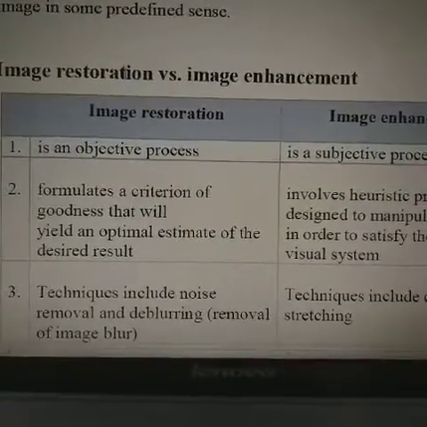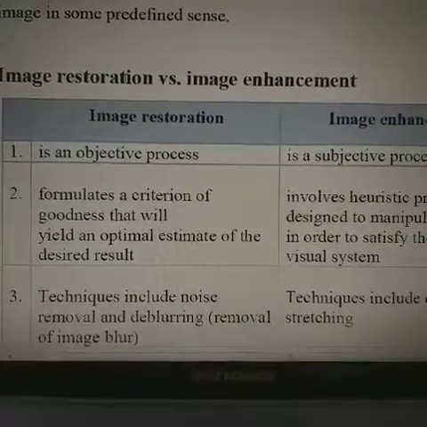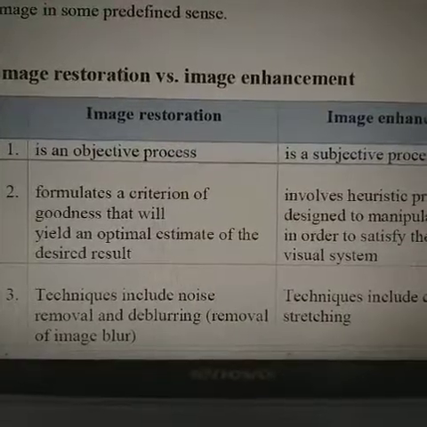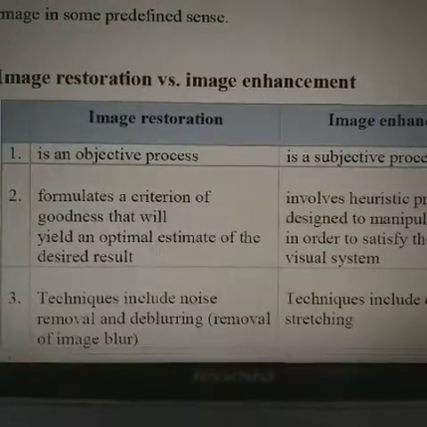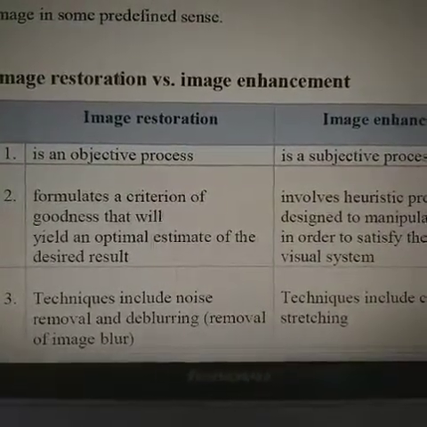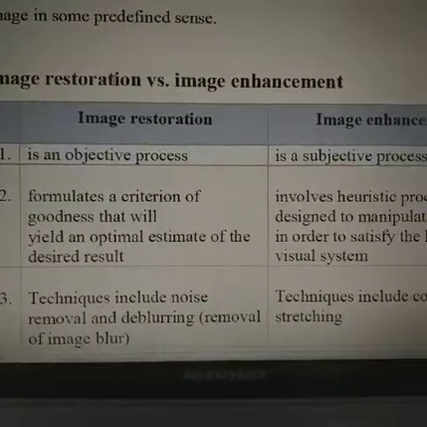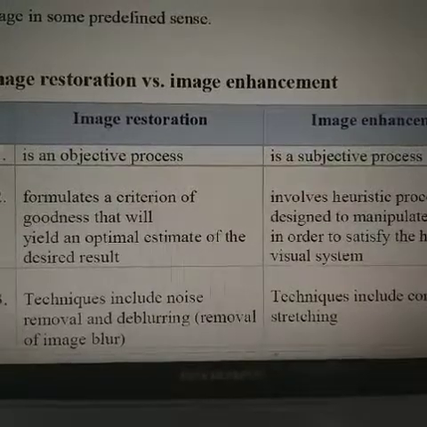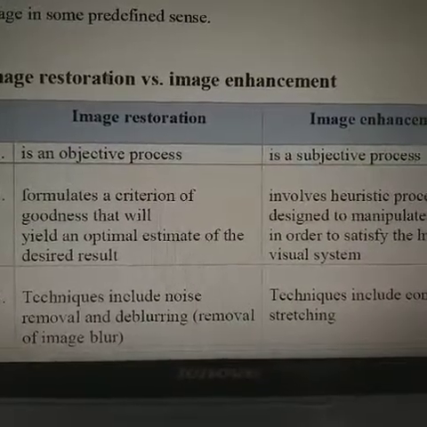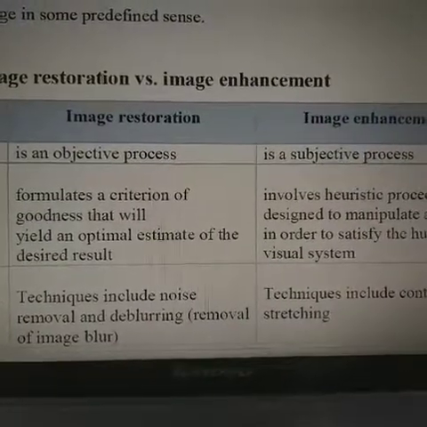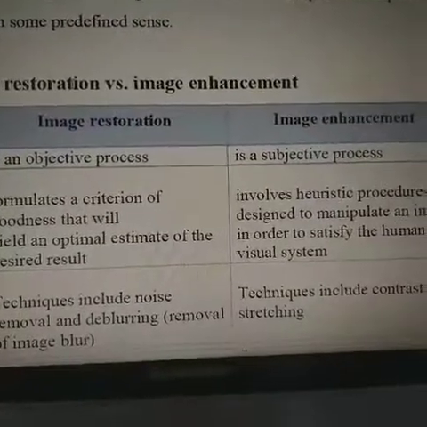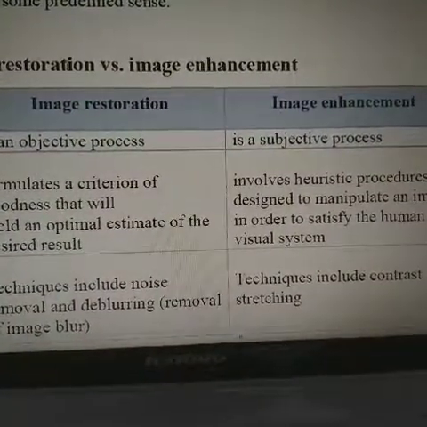By applying the RGB model with different values of red, green and blue, from the range 0 to 255, we get different output. Different results of an image we get, that is the objective process, in which we get some desired result. Image enhancement is the subjective process.